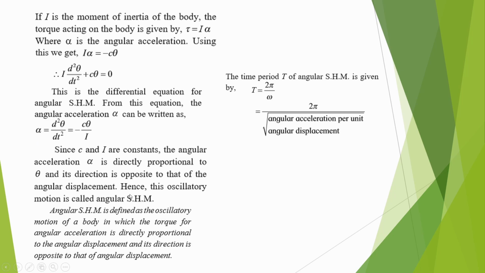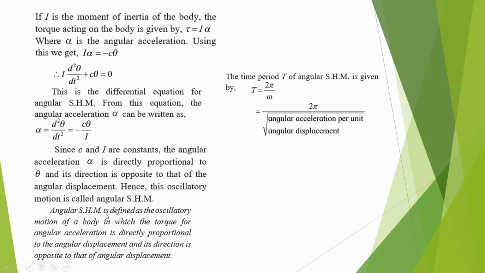Hence this oscillatory motion is called angular SHM, because we know that in linear SHM the linear acceleration A is directly proportional to linear displacement x, and they are in opposite directions. We get the same for angular SHM: alpha is directly proportional to theta and they are in opposite directions. So what is angular SHM?